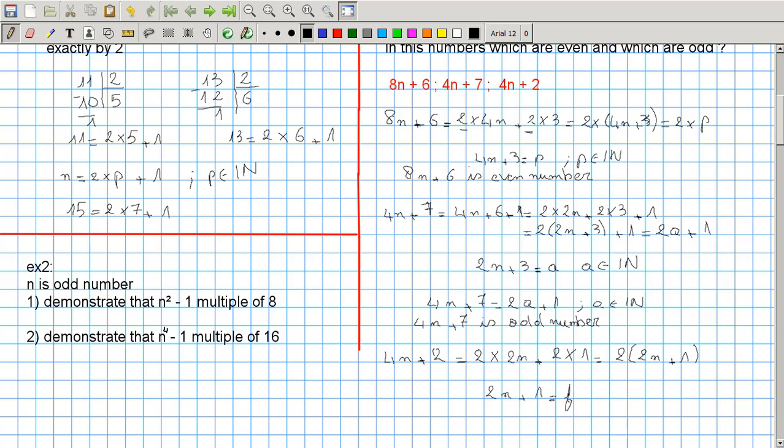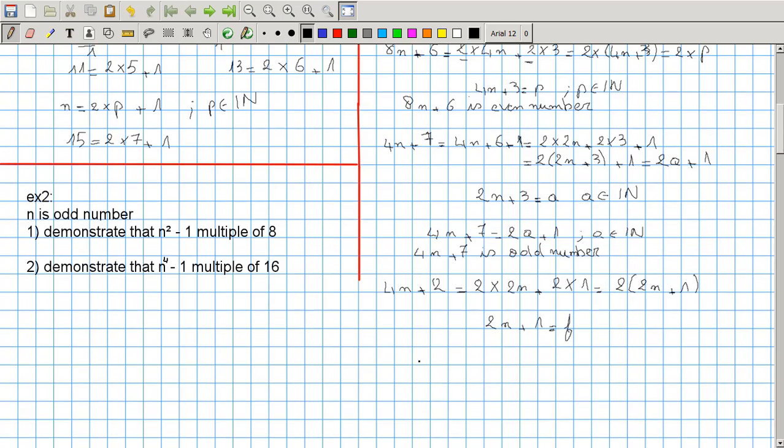For example, f equal 2n plus 1, f belong to N. Then 4n plus 2 is even number.